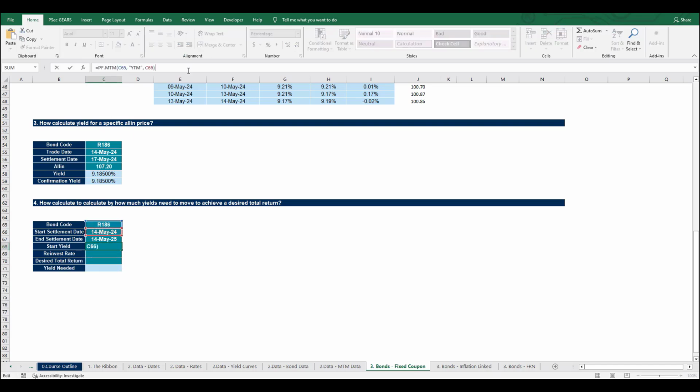And let's divide this by 100 just to get the actual percentage. The reinvestment rate, we're going to stick with our 10%. Desired total return, let's also make it an easy 10%.